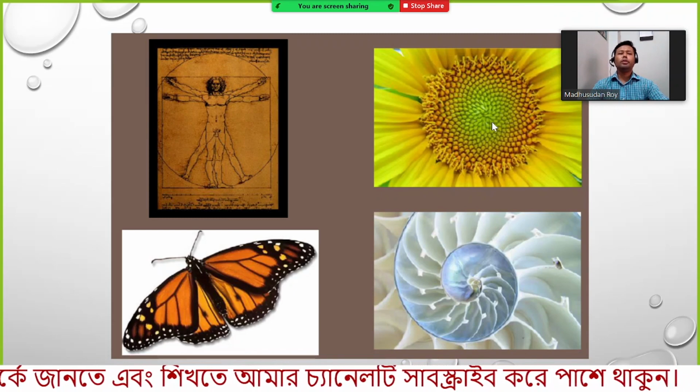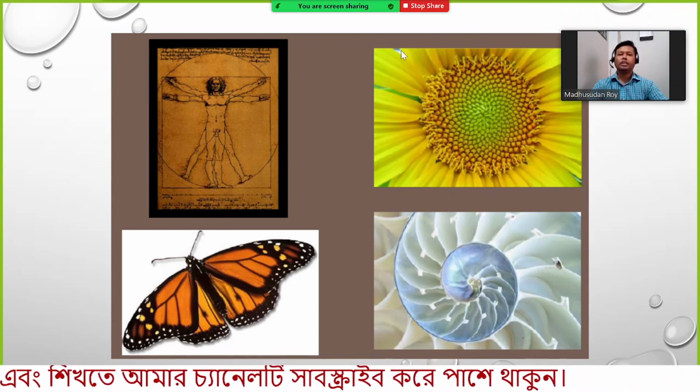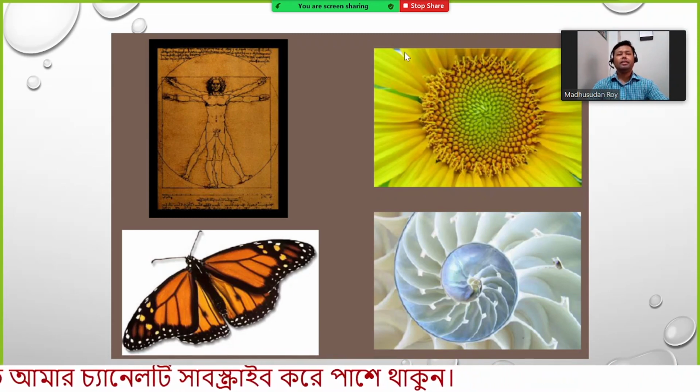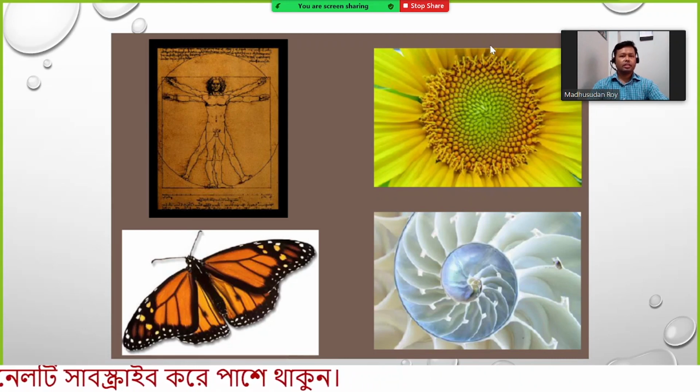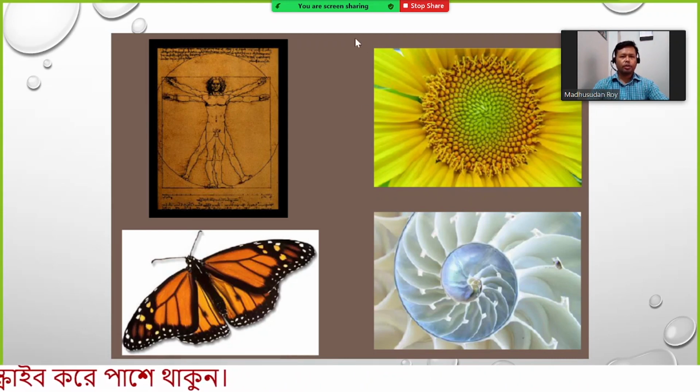This has multiple symmetry: if you define a line from any side and cut this way, this way, this way, it has many symmetries, but this has no symmetry. So based on the property, first of all you have to know what symmetry is.